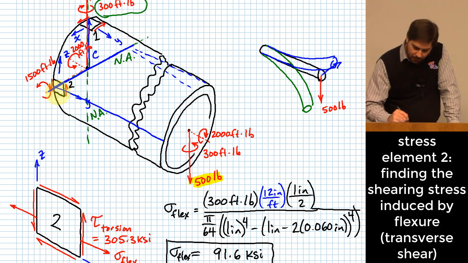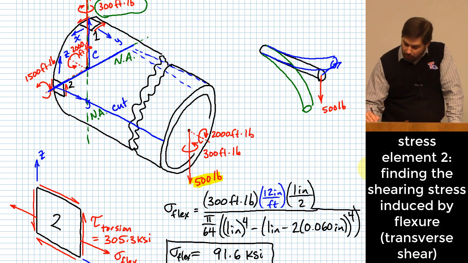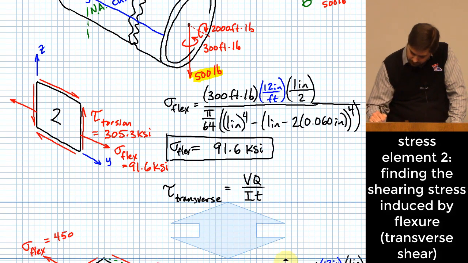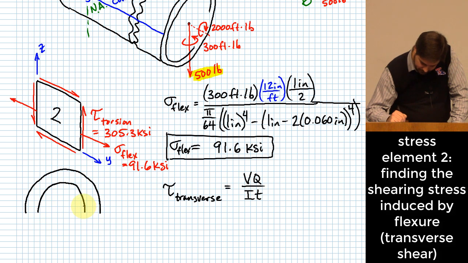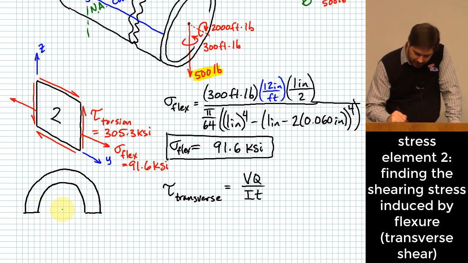And we need to find the first moment of area of all of the area above that cut that I'm making right there. Okay? So let's draw what that cross section would look like. Okay? That cross section is going to be a half circle, such that we know the outer radius and we know the inner radius.